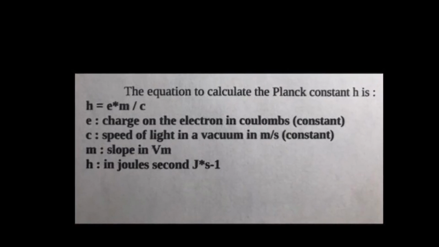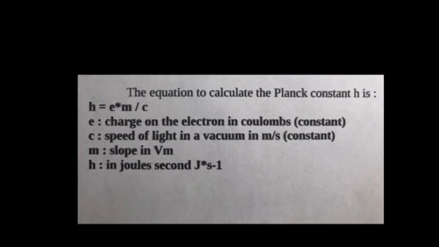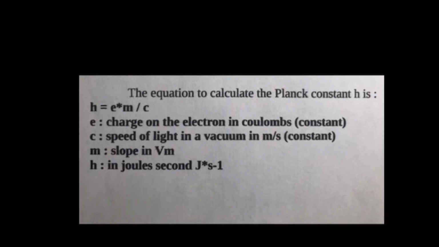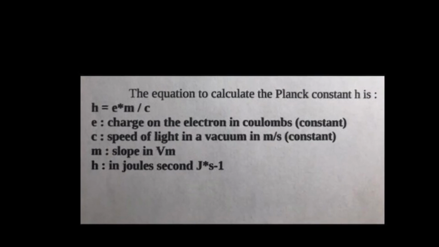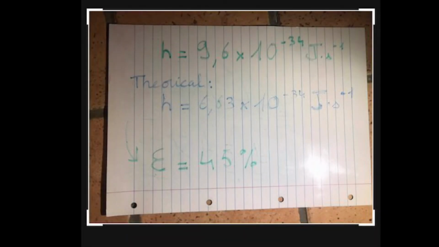It is the speed of light in meter per second. m is the slope in volt per meter, and h is in joules per second. After the numerical application, we determined that h was equal to 9.6 times 10 to the power minus 34 joules per second.